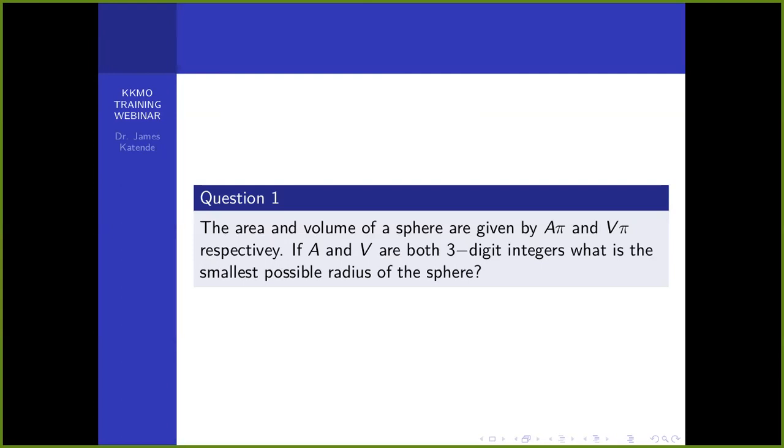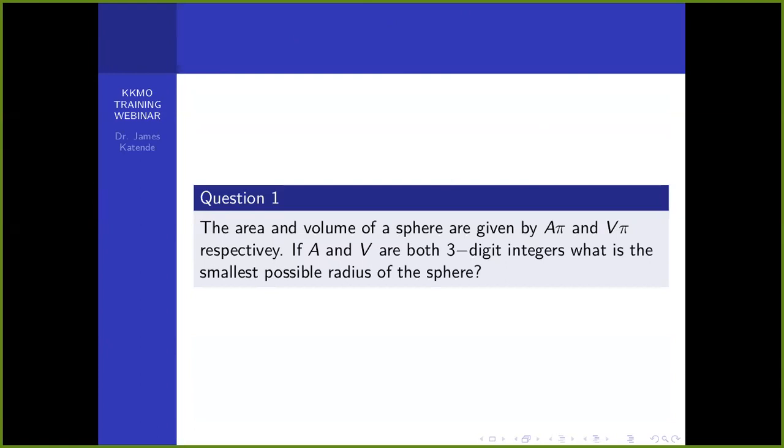I don't know if I should give the audience a minute or two to try and work it out, or we just go to the solution. Okay, so I think we can just go to the solution.